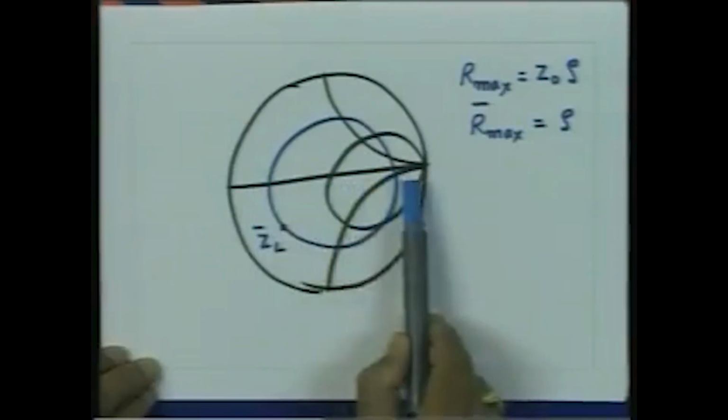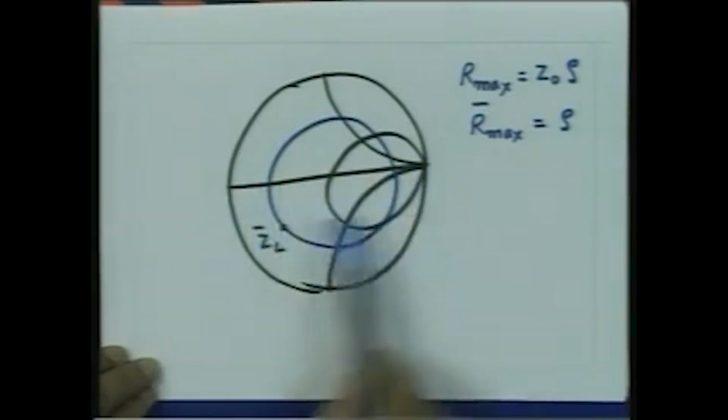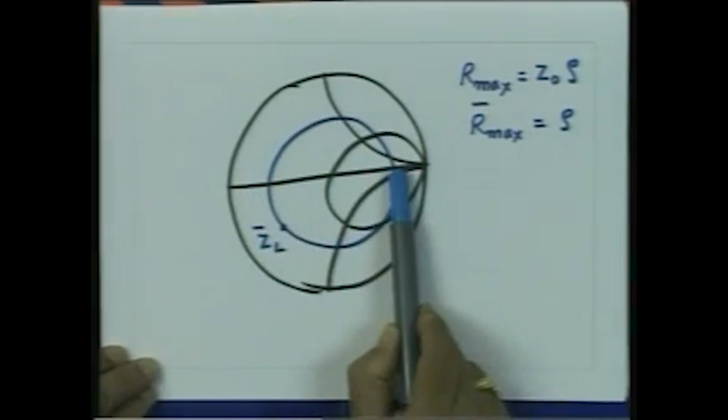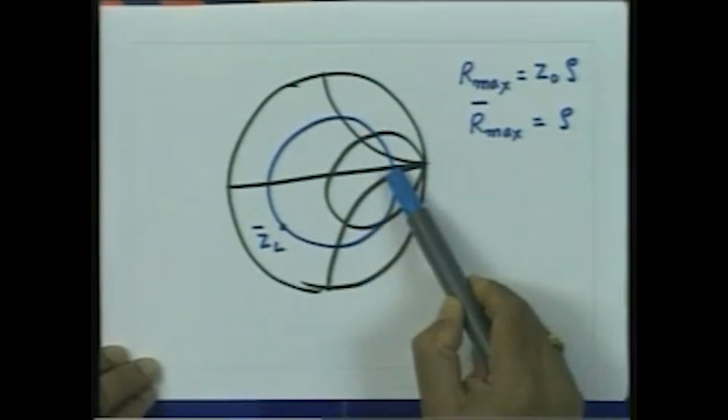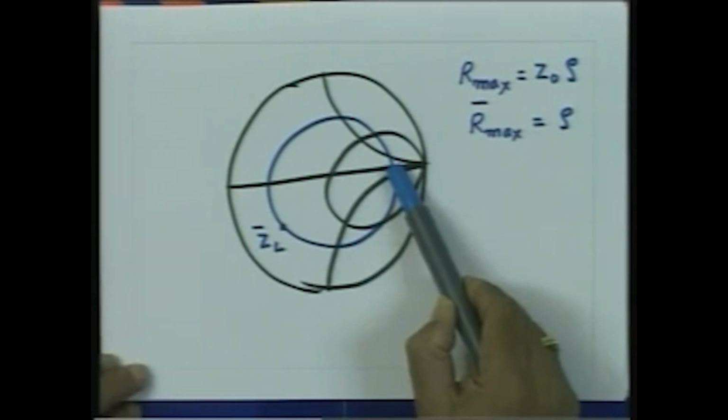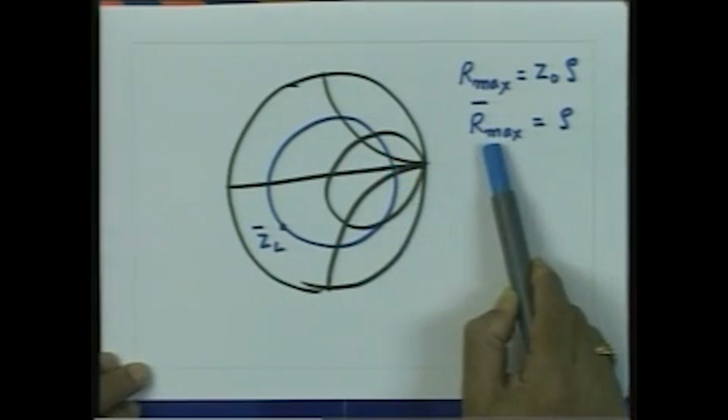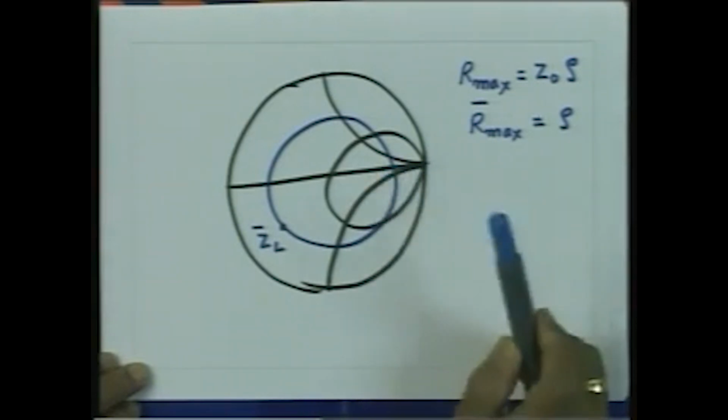Now, as we move on this circle here, the highest value of resistance will be seen when this circle intersects this line. So, the rightmost point on this circle corresponds to an impedance which is R max normalized, and the reactance for that is 0.